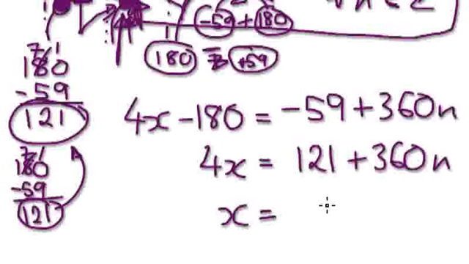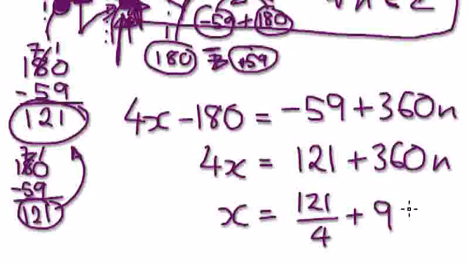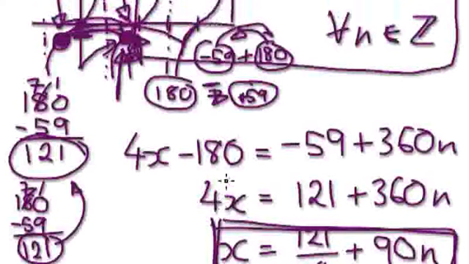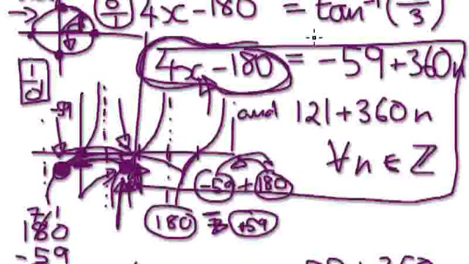So x equals 121 over 4 plus 90 plus 90n. So this is our second set of solutions here, this here is our set of solutions for this first part.